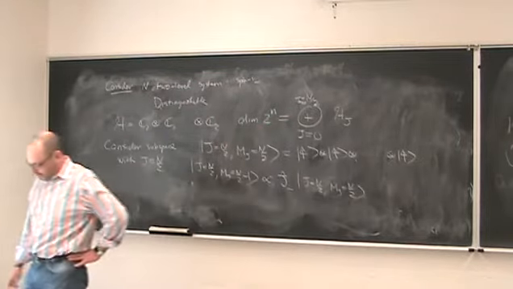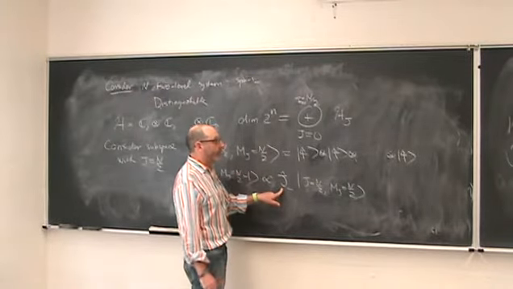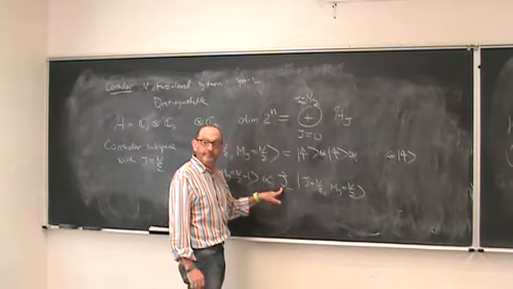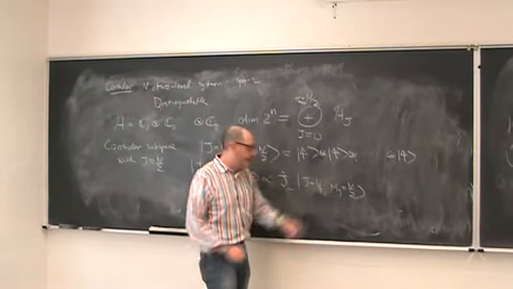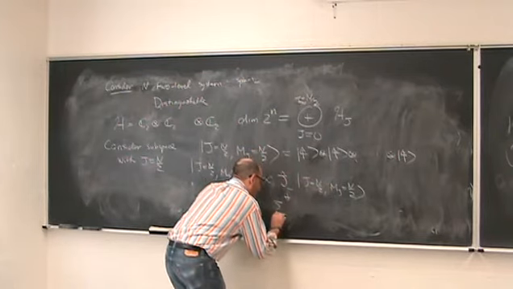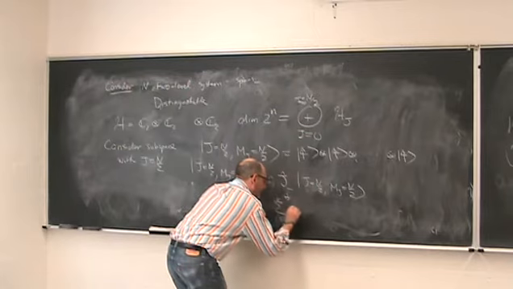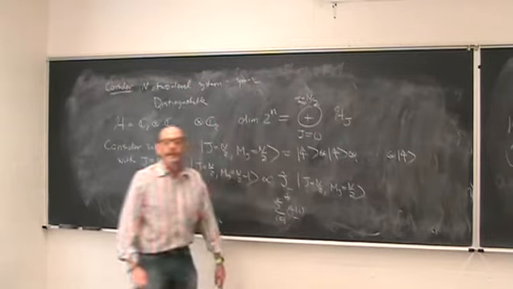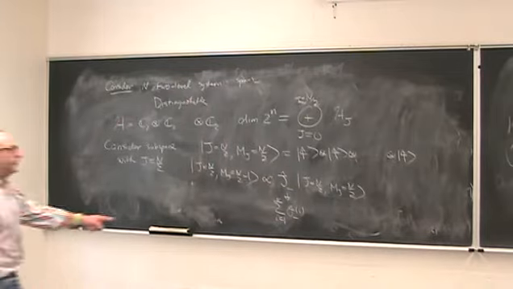Now, the lowering operator is just the sum of the lowering operators on each spin, so this is equal to the sum, i equals 1 to n, of sigma minus on the ith spin. Okay.